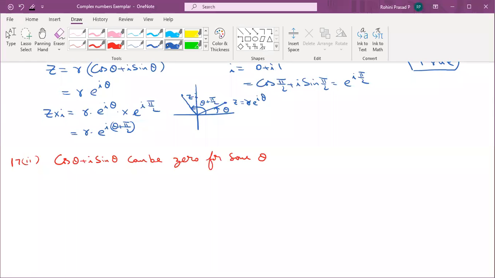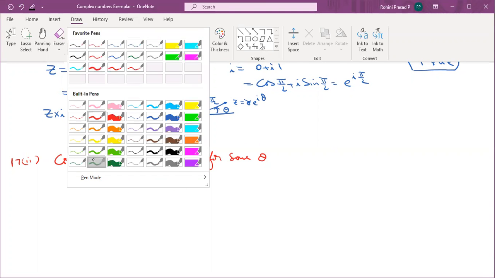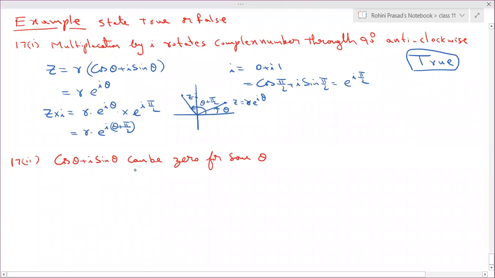The statement that the complex number cos theta plus i sin theta can be 0 for some theta is a false statement. The reason is we have the polar form r e power i theta only for non-zero complex numbers.